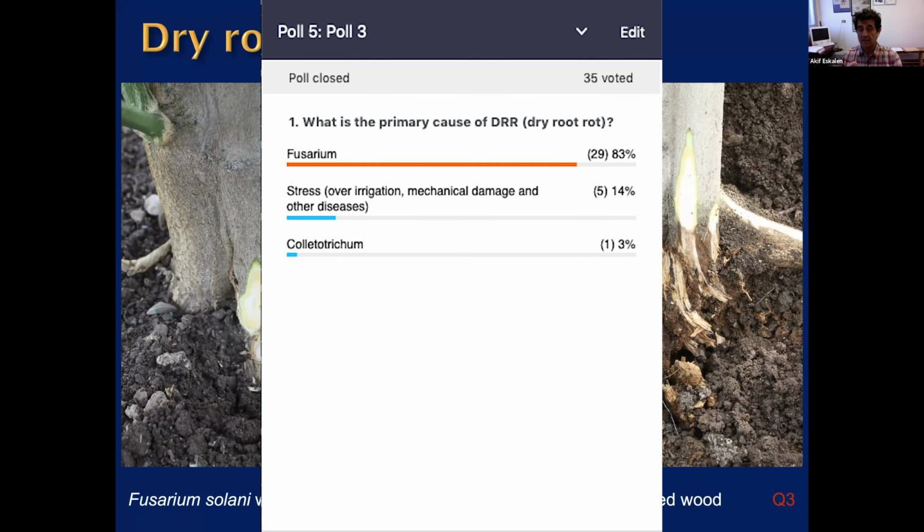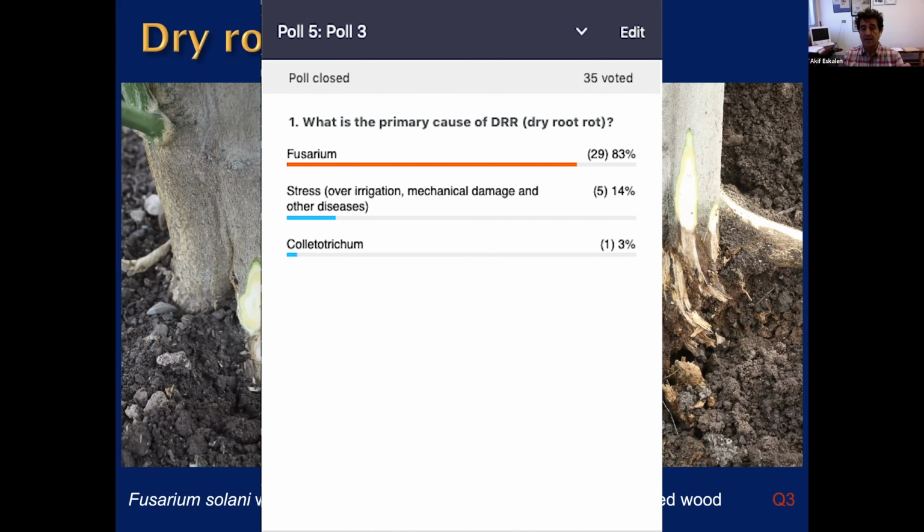That means the soil has to be aired out between irrigations. So when you over-irrigate, the plant cannot get oxygen. That will also stimulate some of the pathogens to advance within the soil and then speed up the dry root rot process within the plant.